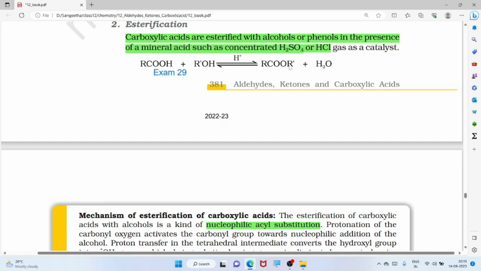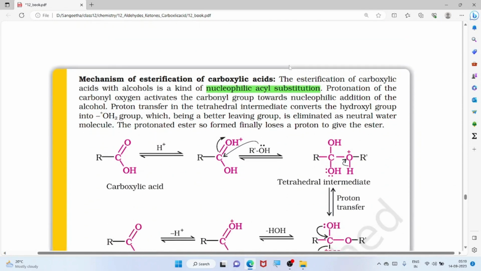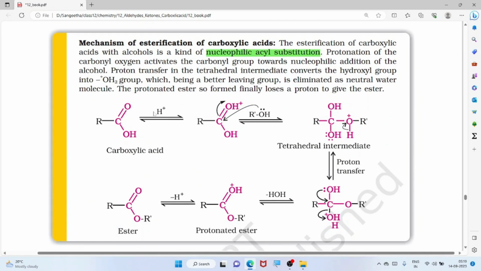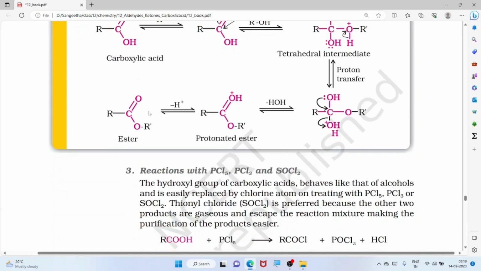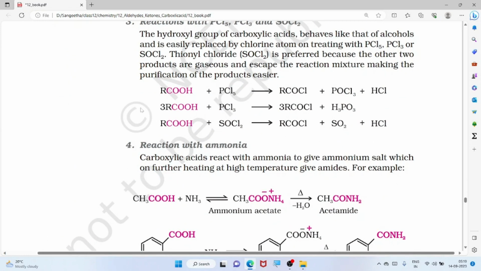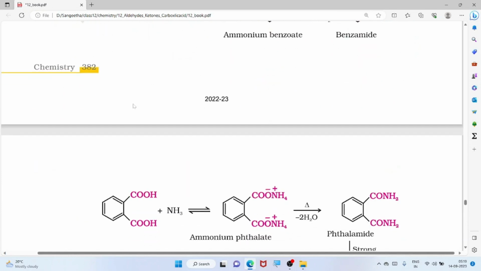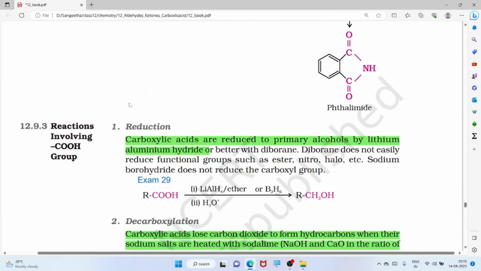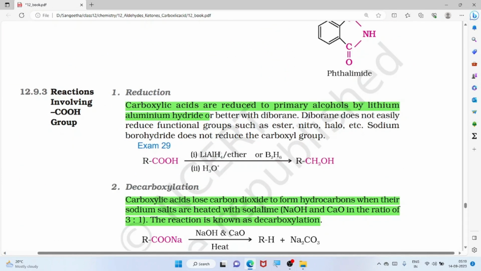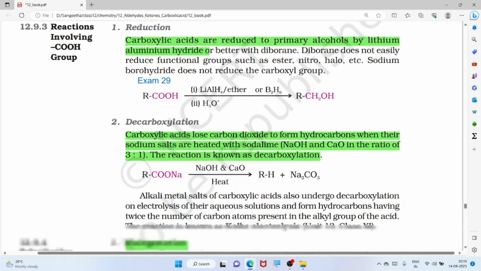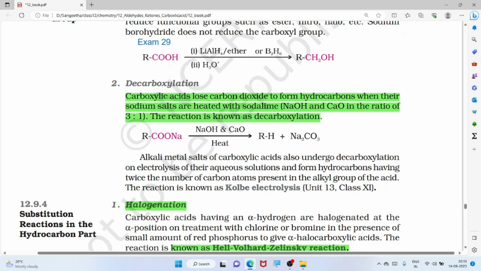This is ester. Carboxylic acid to alcohol on reduction. Decarboxylation.